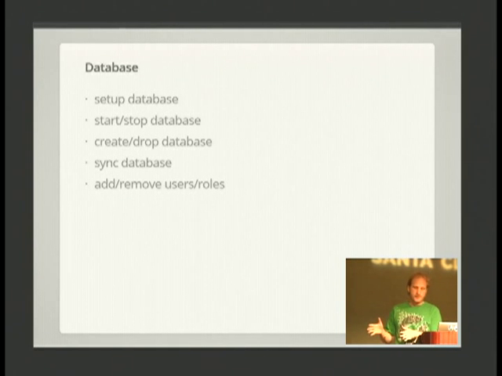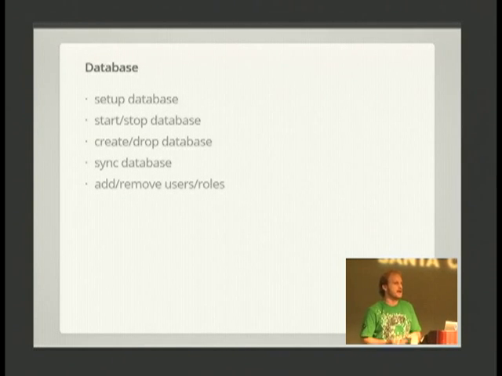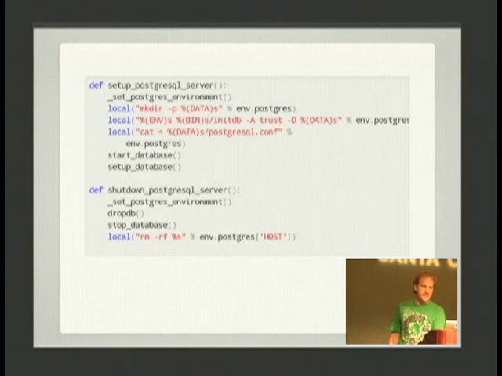So the next step you usually have to do is setting up a database, connecting to it, starting it, syncing it. In the case, we're using Django at work, so you need to do syncdb, migrate, whatever. This is a nice trick. For example, we're setting up a Postgres server, which by some magic means will gather the configuration of what credentials to use, where to connect to, etc. And then we create a Postgres server instance in that location, or we connect.